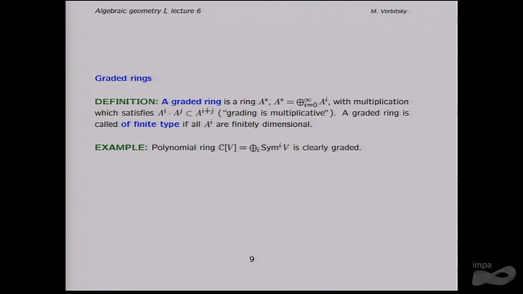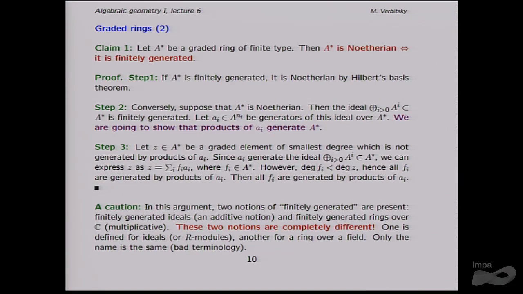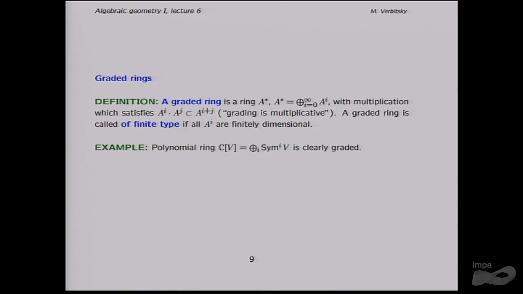But then you have other graded rings, of course, like today we had the ring of even polynomials. It's also graded, by even numbers, but it's not polynomial. Now, did we have a definition? Yes, graded finite type. Finite type is where all components are finite dimensional.